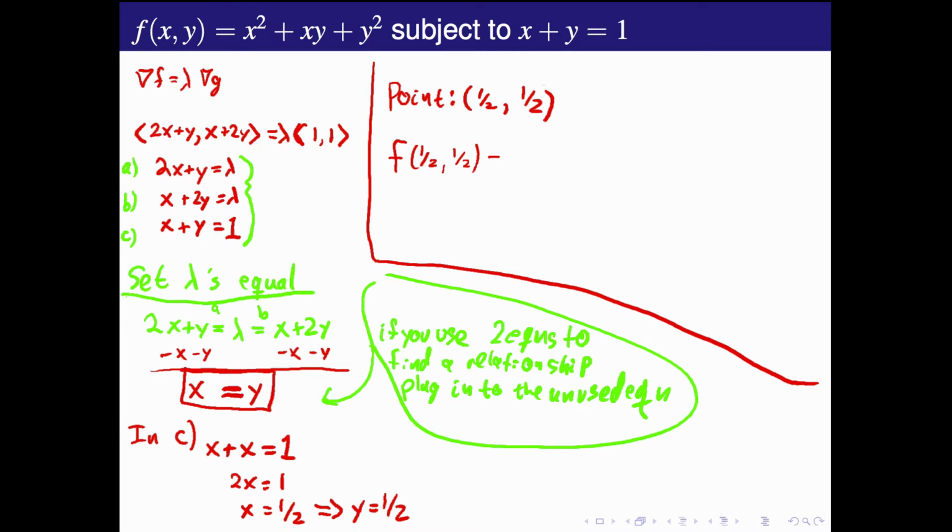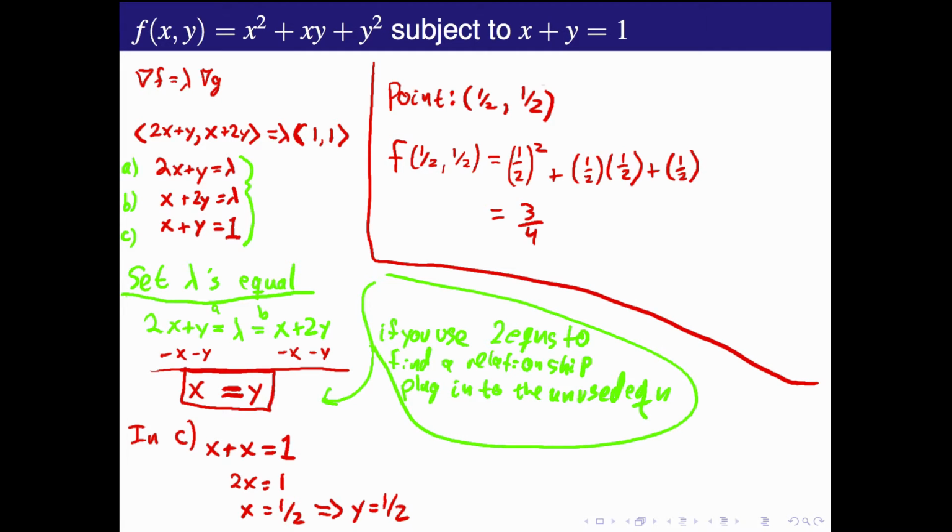So the function's value at (1/2, 1/2) is 1/2 squared plus 1/2 times 1/2 plus 1/2 squared. So this is 1/2 squared, 3 times added up, so this is 3 times 1/4, which is 3/4.